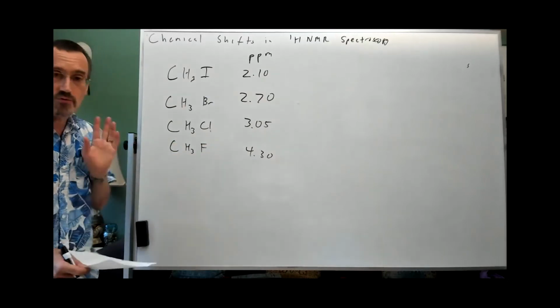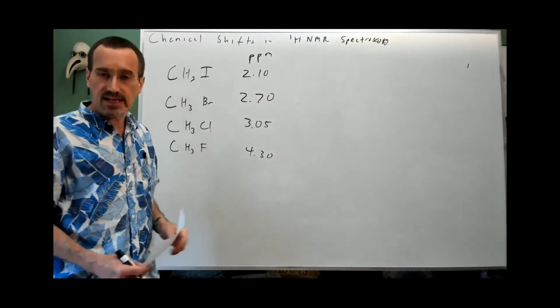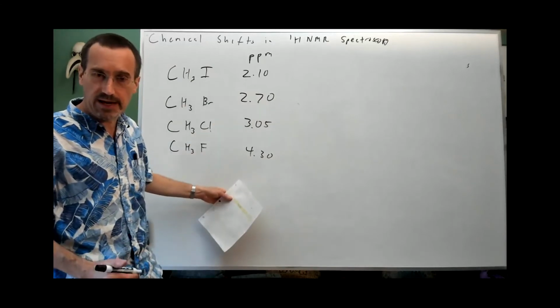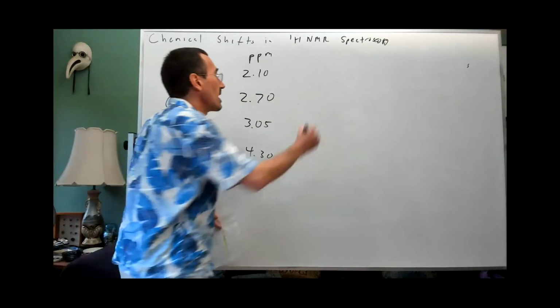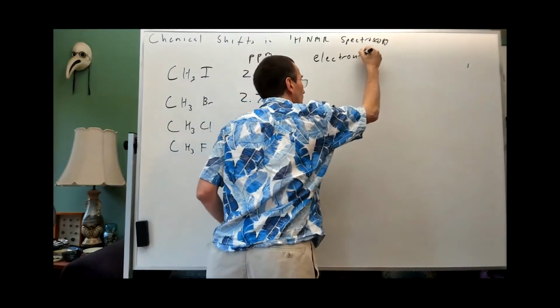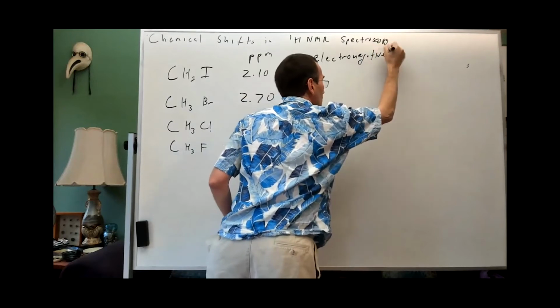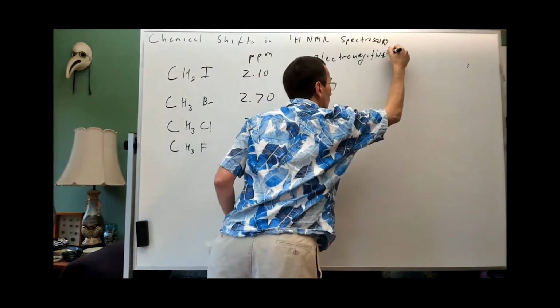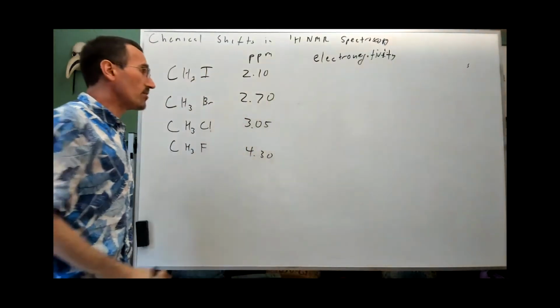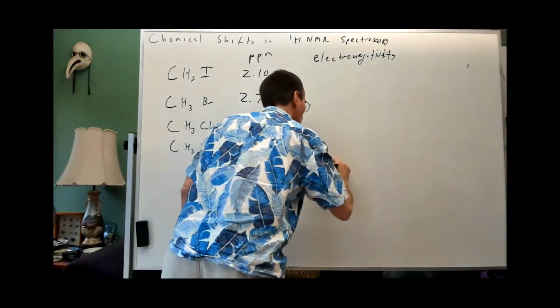Even if you don't remember all your electronegativities, you probably remember that fluorine is the most electronegative element in the periodic table. The Pauling electronegativity, I think most people for fluorine remember that it's 4.0.